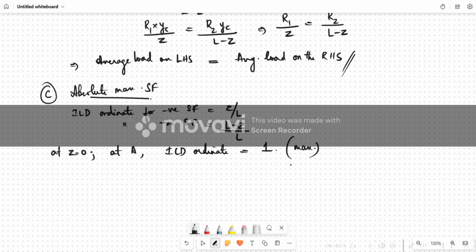So what you have been learning till now, the same thing at z equal to L, that is at B, your ILD ordinate is 1, which is again maximum. So you can understand that for negative shear force, it should be at A. This is corresponding to absolute maximum negative shear force, and this corresponds to absolute maximum positive shear force.